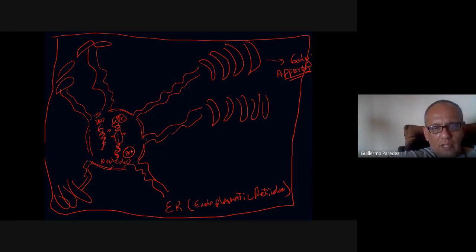Then the transcription is going to be the messenger RNA which is coming through the endoplasmic reticulum. And here is where the translation happens, where all the amino acids are going to follow the sequence of the messenger RNA. That is the function of the endoplasmic reticulum.